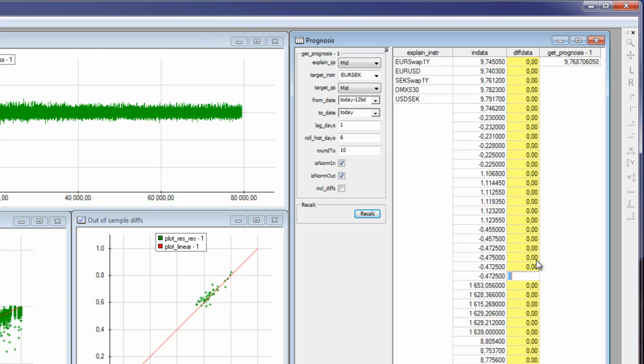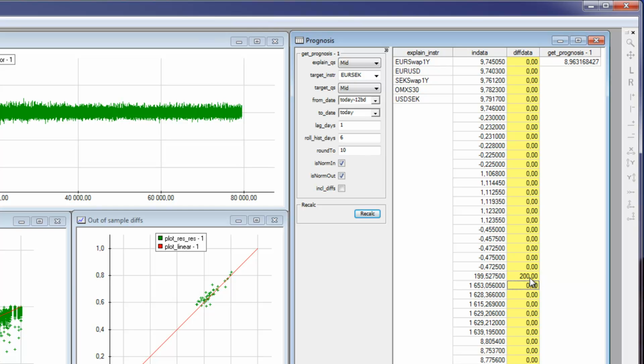If we take the interest rate and add a percentage point, the prognosis goes down, and as we continue to add interest rate percentage points, it goes down, but only so far. We reach a limit where it's not becoming sensitive anymore, or at least it's non-linear.